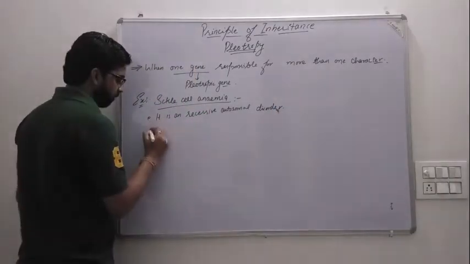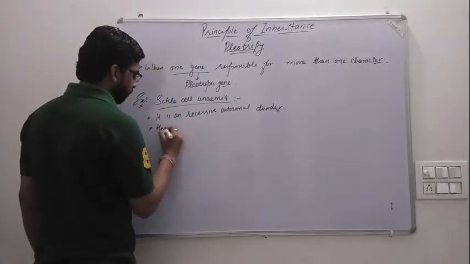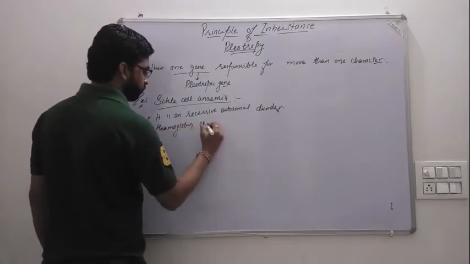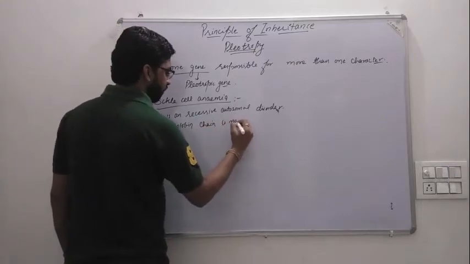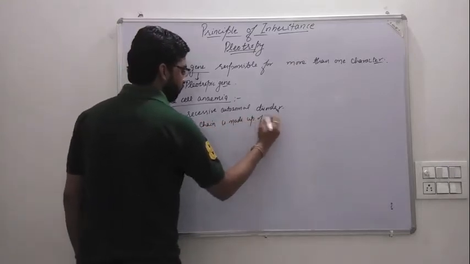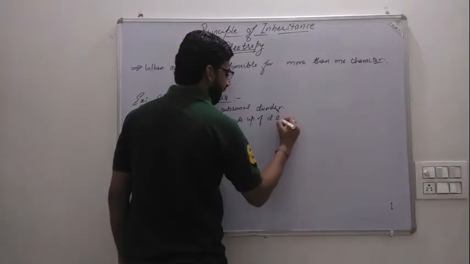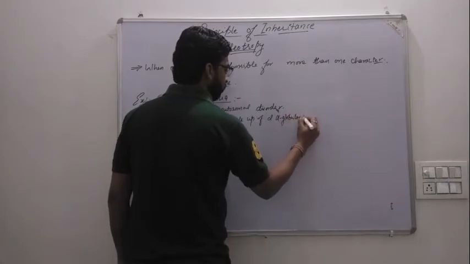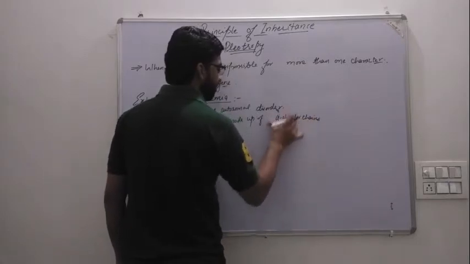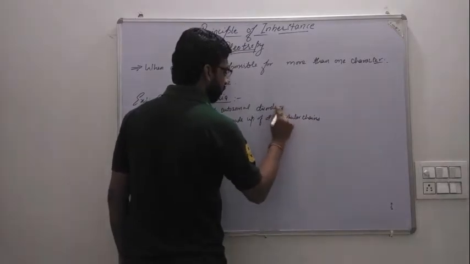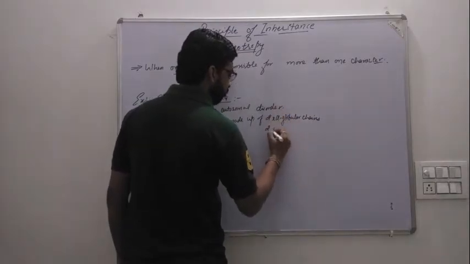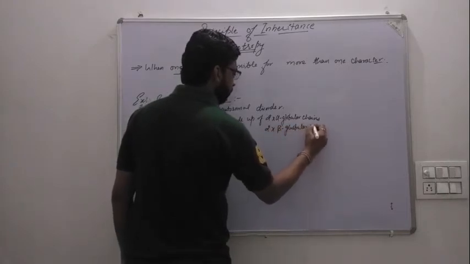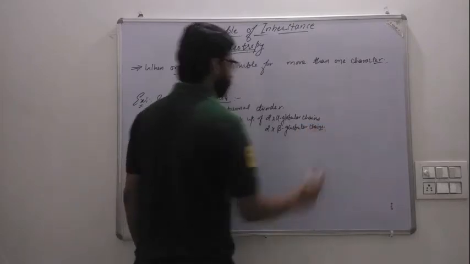Here the hemoglobin chain is made up of two alpha globular chains, which are 2 in number, and 2 beta globular chains.